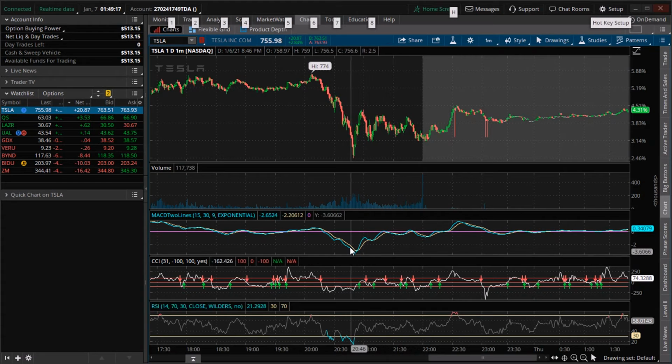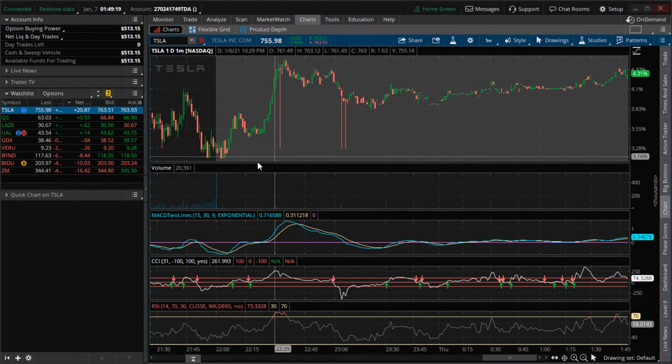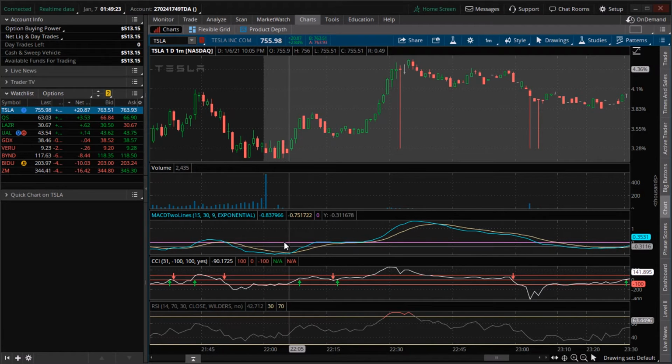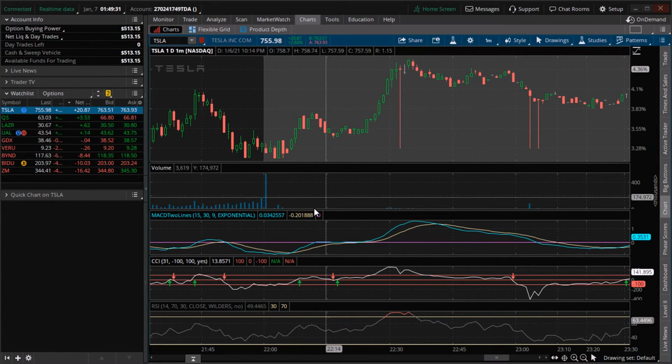If we look at the chart and the indicator at the same time, the moment the blue passes the yellow, that was the positive bullish trend.